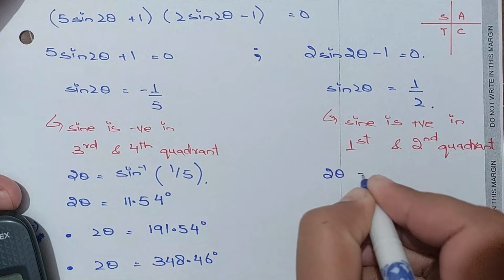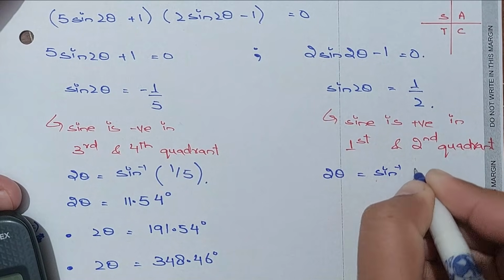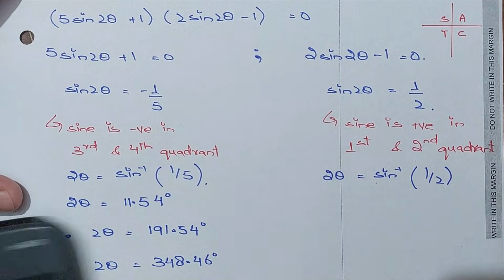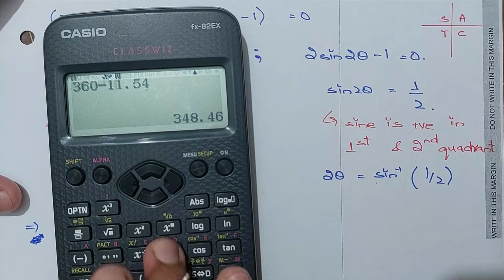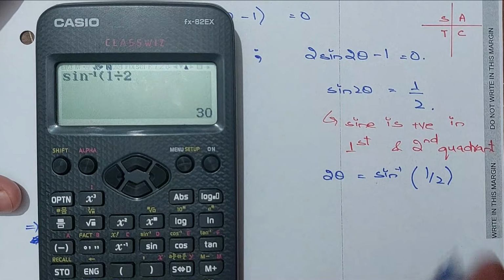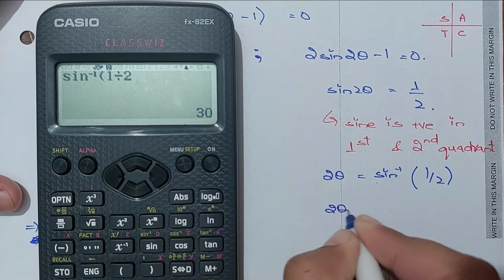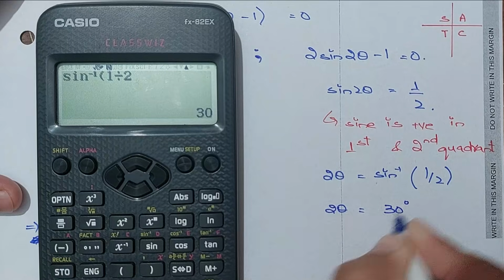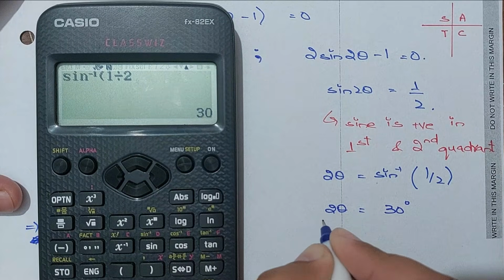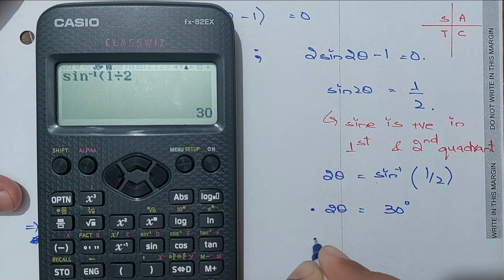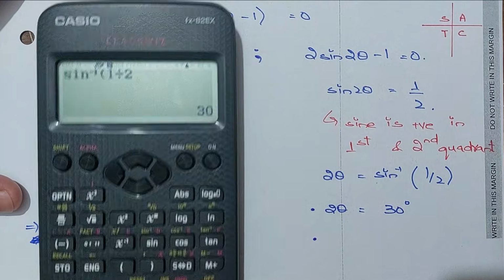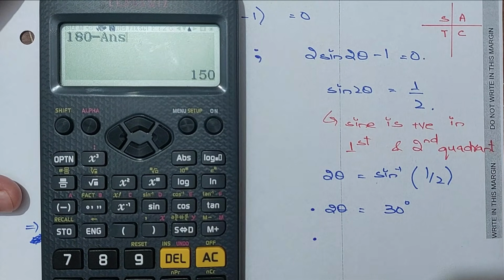Okay, check the rest. Next one, 2 theta is sine inverse of 1 by 2. Sine inverse 1 by 2 is 30. So 2 theta is equal to 30 degrees. And this is in the first quadrant, and in the second quadrant its operation is 180 minus that angle.